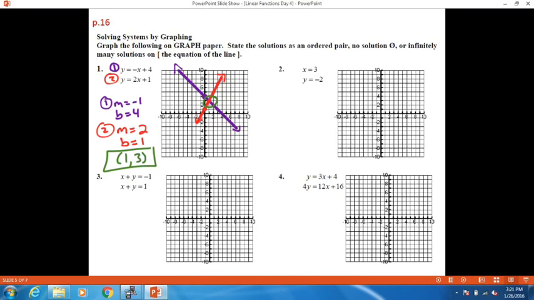All right, so slope-intercept form, very easy. We can use our y-intercept and the slope to graph. Well, what if we have something like number 2, where we have x equals 3 and y equals negative 2? If we have x equals 3, hopefully we're recognizing that that means we have a vertical line that passes through our x-axis at 3.